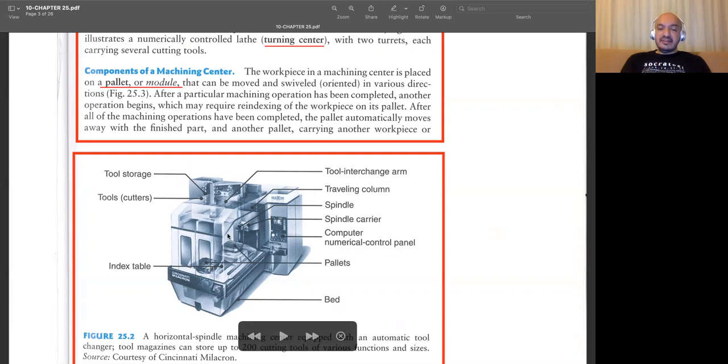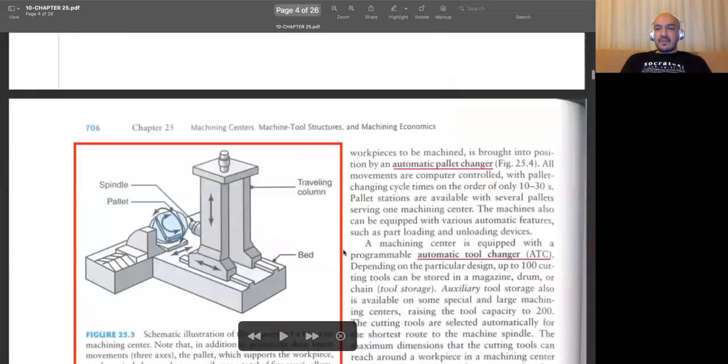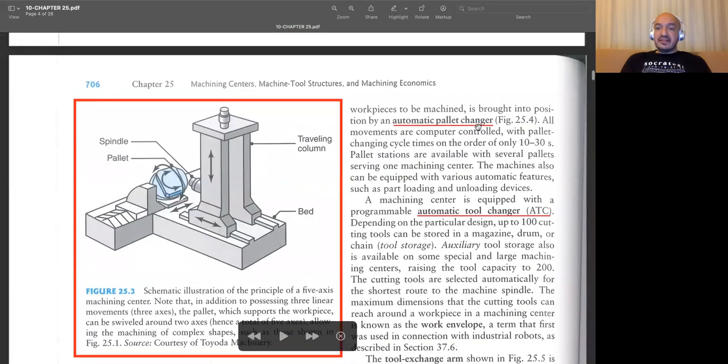Once this pallet is done, with the help of automatic pallet changers, this is moved and a new pallet is fed onto this table, and then we can continue machining after maybe just 5 seconds. So you're not consuming too much time in between the machining of different products. It's called an automatic pallet changer, and we know that there are also automatic tool changers.